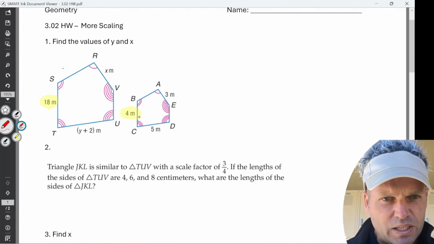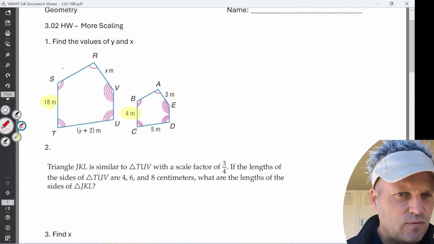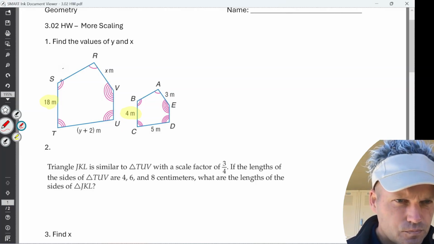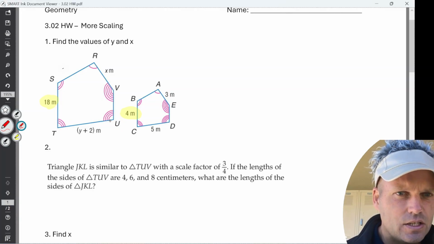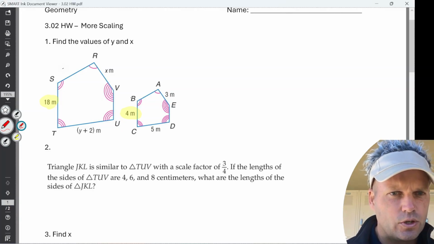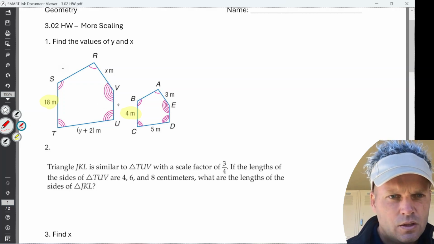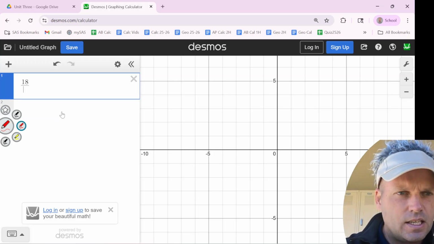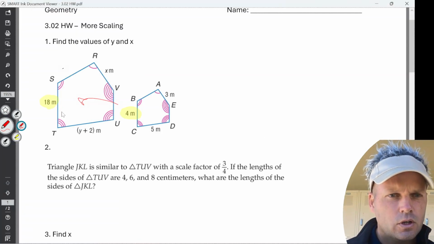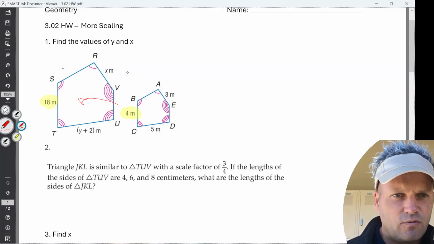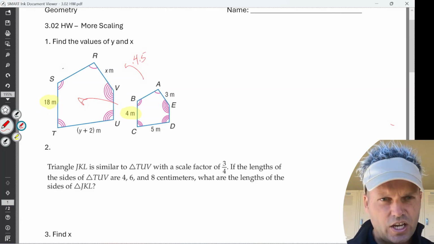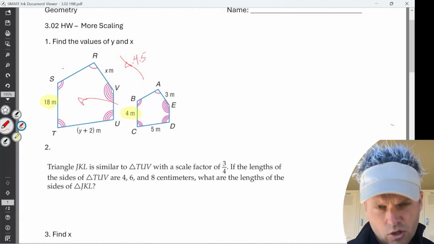So we have A, B, C, D, E. BC is 4, CD is 5, AE is 3. And I can see RSTUV, that ST is going to correspond with BC. That will provide me a scale factor. 18 divided by 4 shows me that this pentagon is 4.5 times the size of the original pentagon.